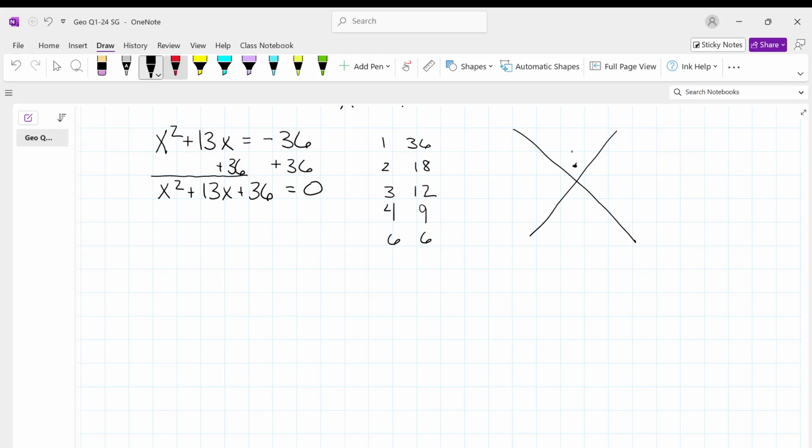So we've got to multiply to 36, and we've got to add to positive 13. That would be the 4 and the 9. So our factors for this equation are x plus 4 times x plus 9, and the equation is still equal to 0.